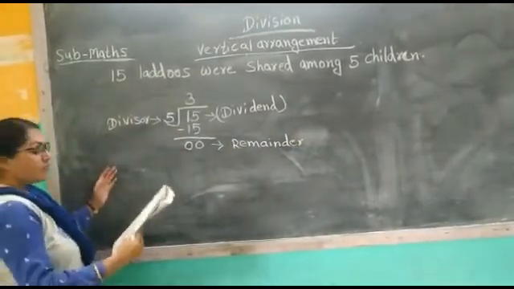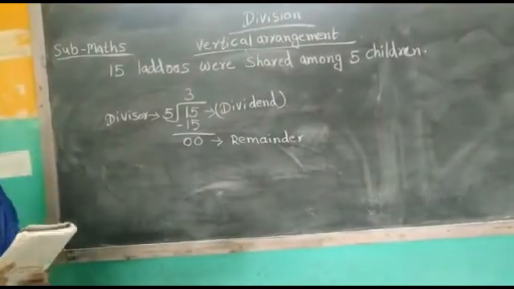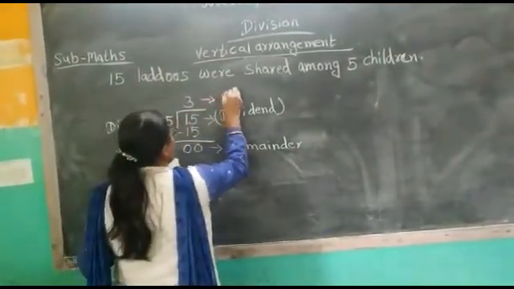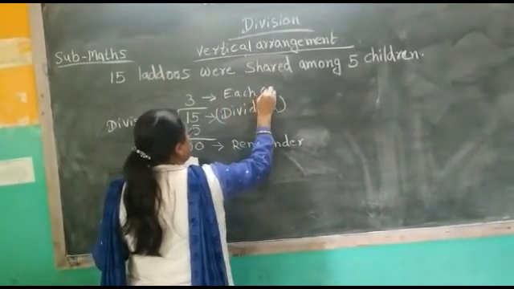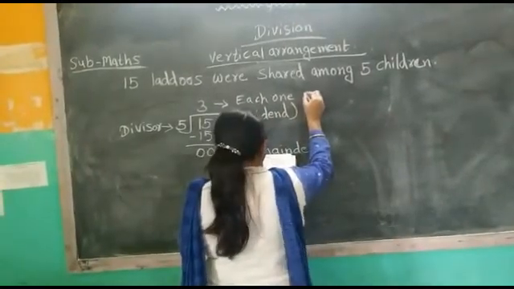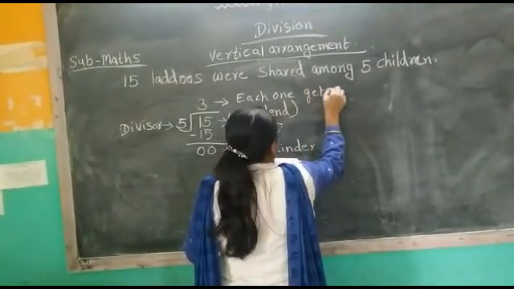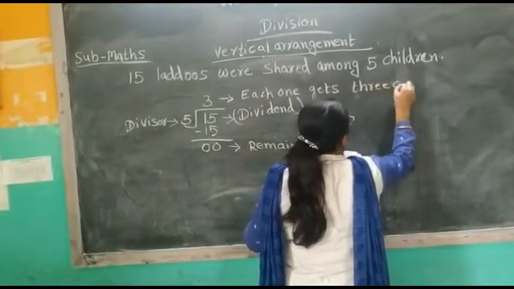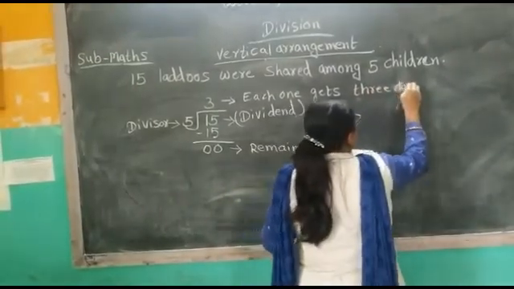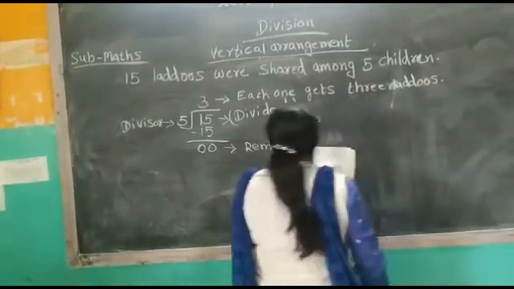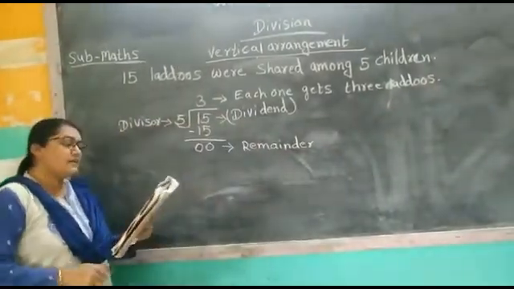Now what does each one get? How many laddus? Each one gets 3 laddus, because 5 threes are 15.